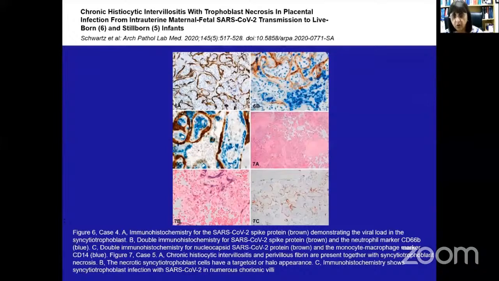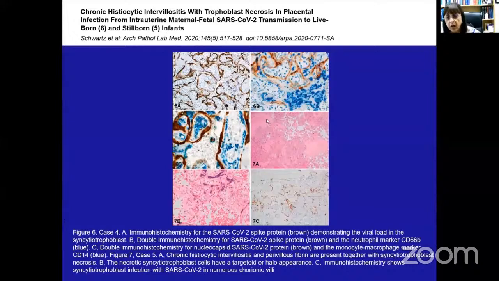And what they found was all of the brown that you see is spike protein around the villi, presumably in the syncytial trophoblasts. There you have lots of neutrophil invasion. You have monocytic invasion. And on the H&E stain, you see nothing that looks like a normal placenta. The villi are pretty much obliterated.